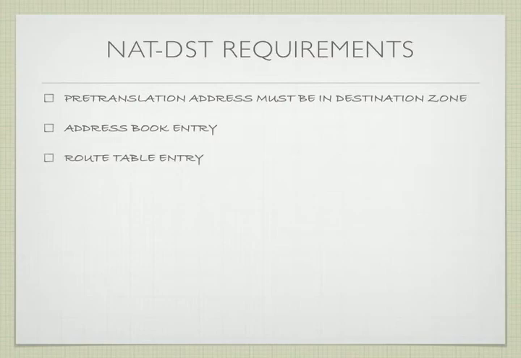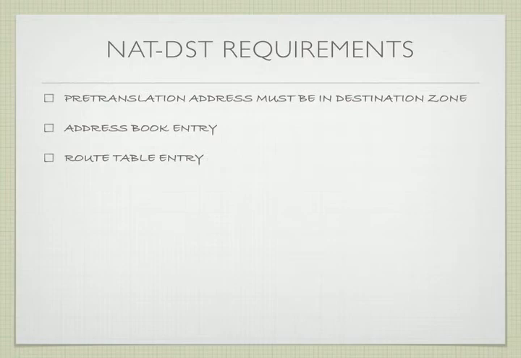Now you need a route. So you need to make sure the routing table has an entry in the same zone, because remember, when our packet flow process is going to evaluate, do I have a route to this address before it evaluates whether or not to find a policy. So the firewall must have a route to the public address that's in the policy, and the route is going to tell the ScreenOS device where to look for that.